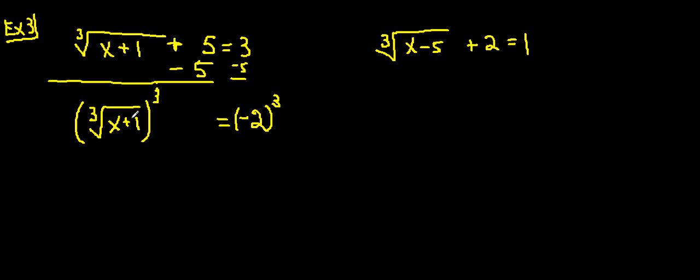I know the cube root of this raised to the third power is going to be x plus 1. And that is going to equal the cube of negative 2, which looks like it's going to be negative 8.